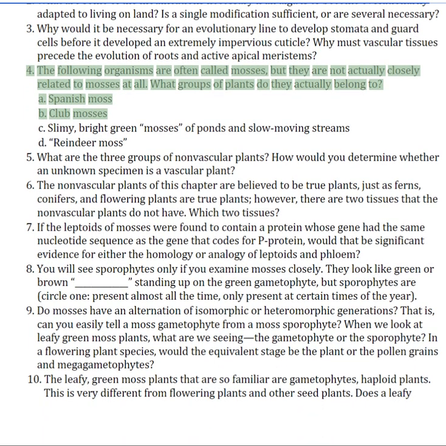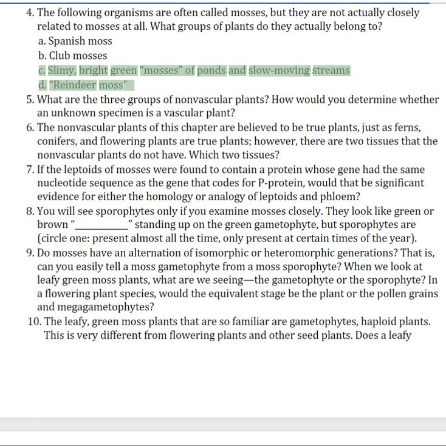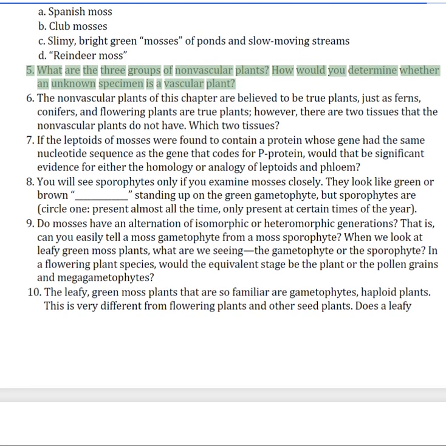4. The following organisms are often called mosses, but they are not actually closely related to mosses at all. What groups of plants do they actually belong to? A. Spanish moss. B. Club mosses. C. Slimy, bright green mosses of ponds and slow-moving streams. D. Reindeer moss. 5. What are the three groups of non-vascular plants? How would you determine whether an unknown specimen is a vascular plant? 6.